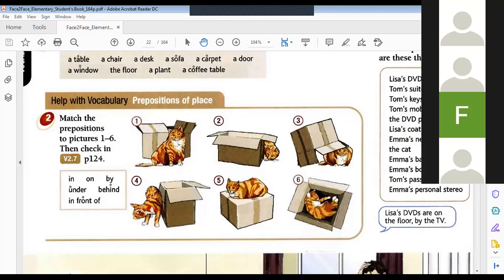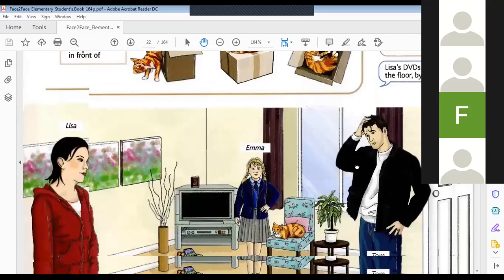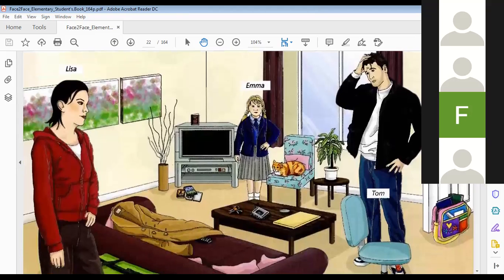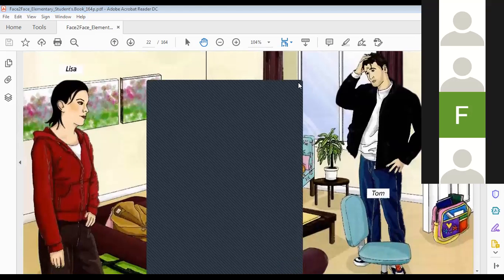Okay, so I think now you can see it. Can you see the book? Yes. Okay, all right. Now I think you should see also the item list.